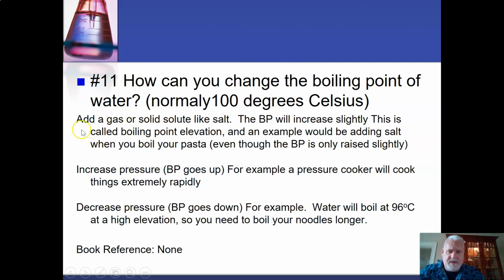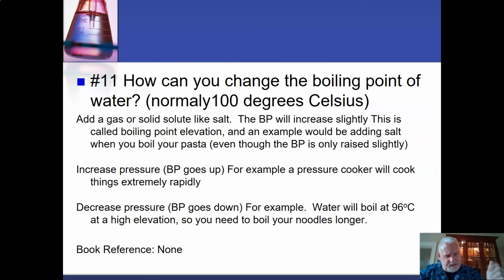Carbonated water would have a different boiling point, or a solid solute like salt. If you add those things, the boiling point will increase slightly. And it's kind of the same reason you put salt on the ice on your sidewalk. The reason you do that is the melting point goes down. Well, the boiling point, interestingly enough, goes up when you do that. It's called boiling point elevation.